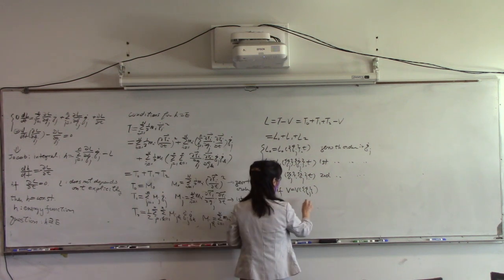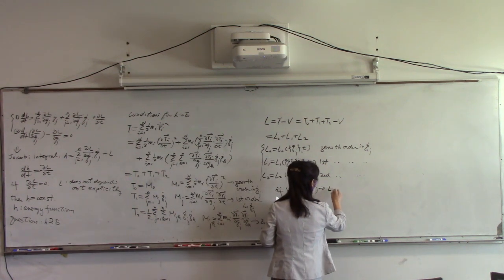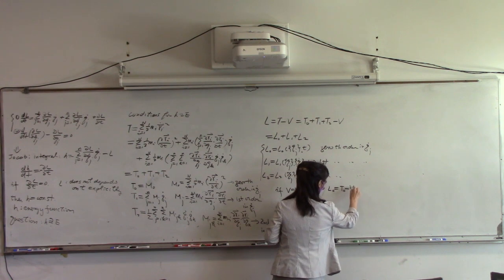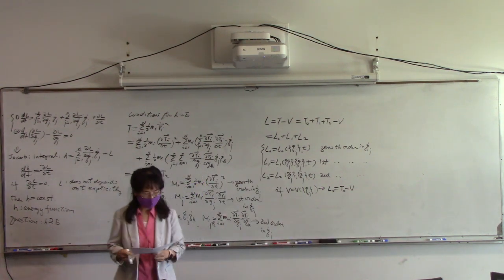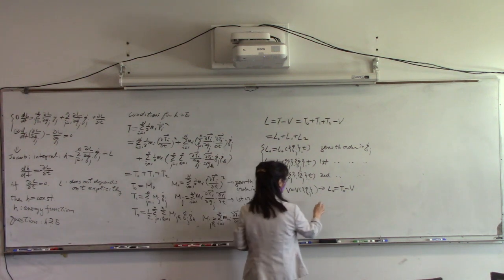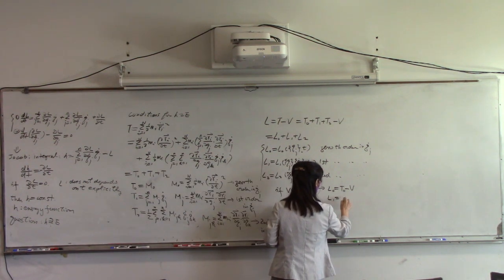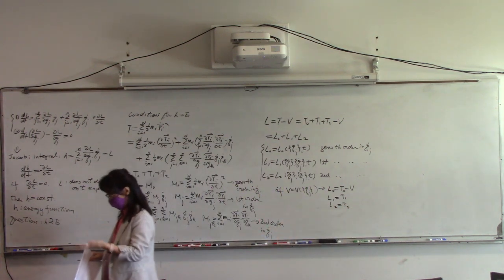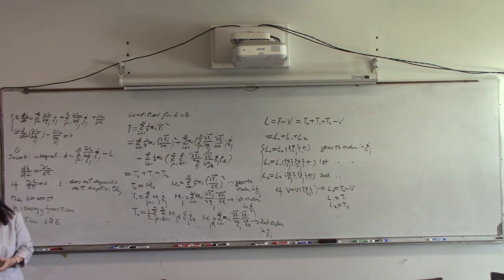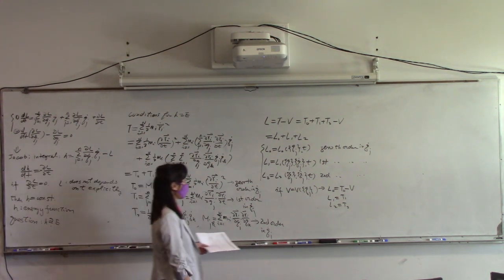So L0 is T0 minus V, since they are all zeroth order. Then L1 is T1, L2 is T2, since only T1, T2 is either linear or second order in the generalized velocities.